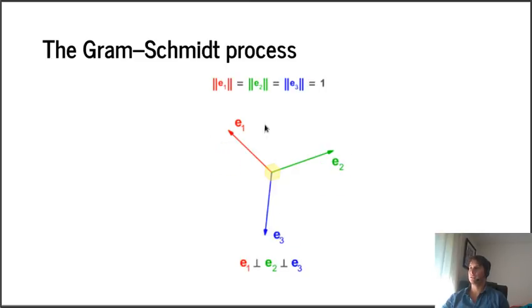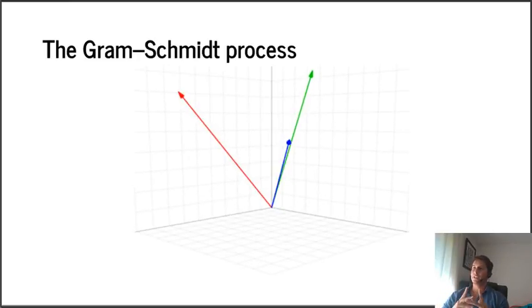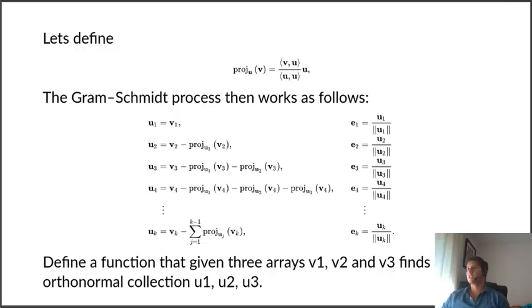Then I start doing that with all the vectors. I basically remove the non-orthogonal part between them, and finally you get 3 orthogonal vectors. The algorithm is something like this.